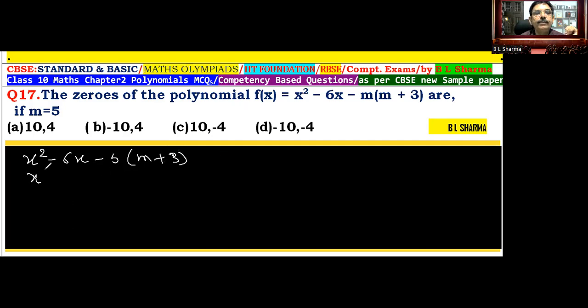In place of m you replace, that is 5 plus 3, because the value of m is 5.